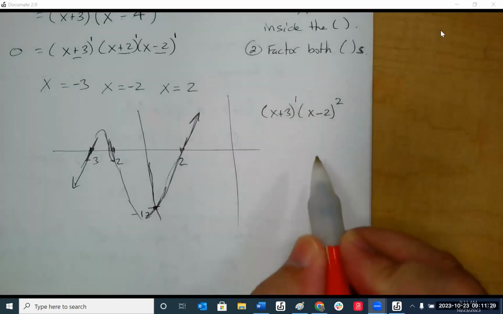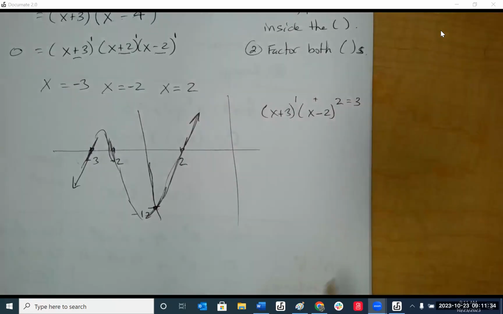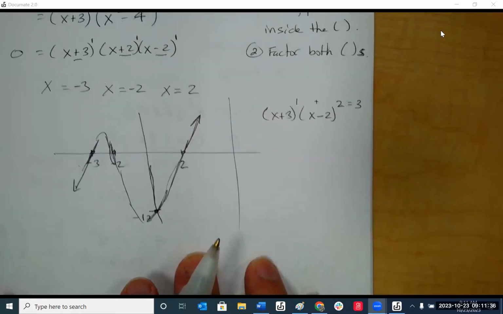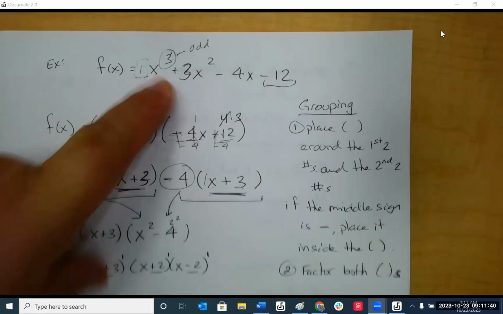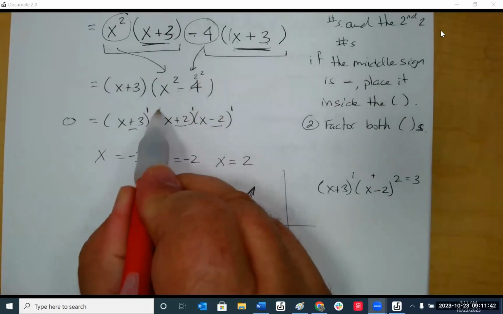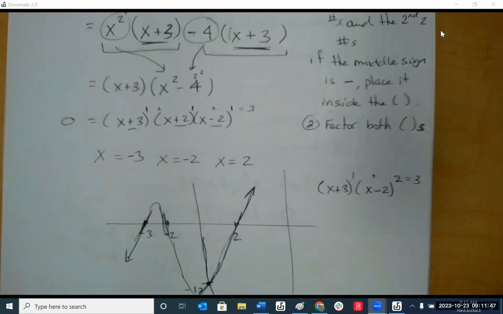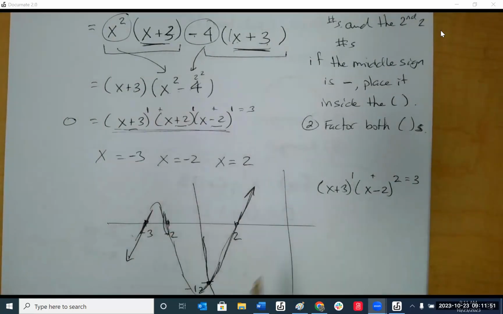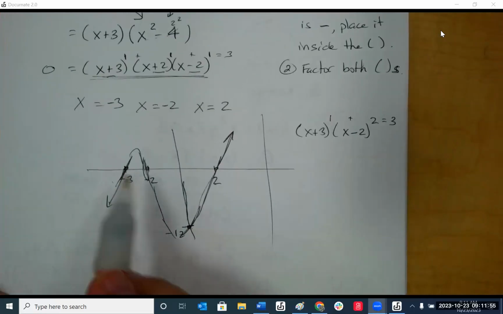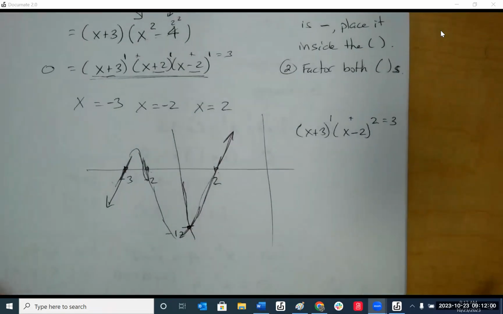There's 1 here, there's 2 there, so 1 plus 2 equals 3. Remember this one? The degree was 3, right? 1 plus 1 plus 1 equals 3. So the exponents of our answers also tell us what it's going to look like graphically. If they're all odd, that means the line is going to cross the x-axis.